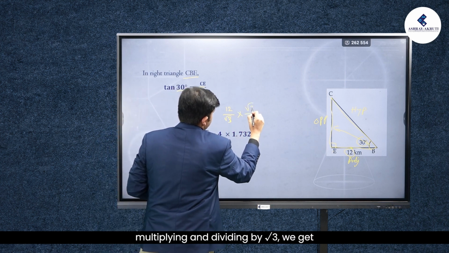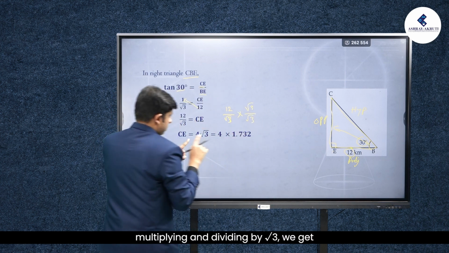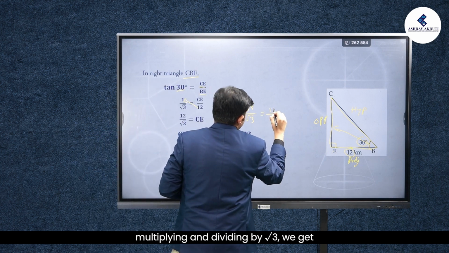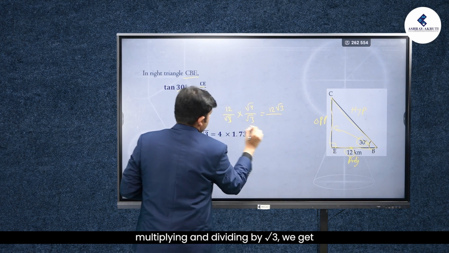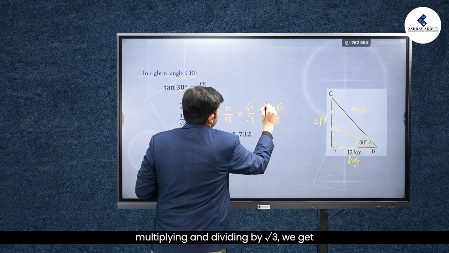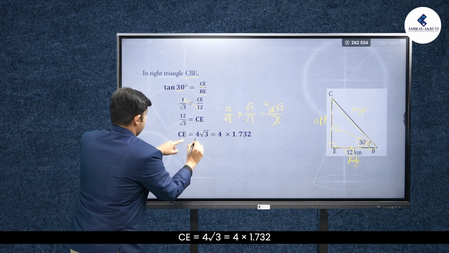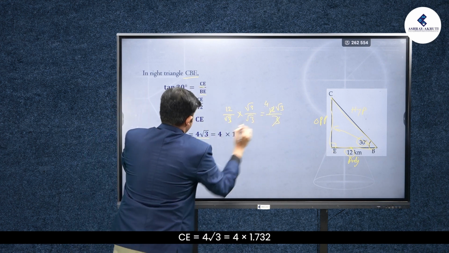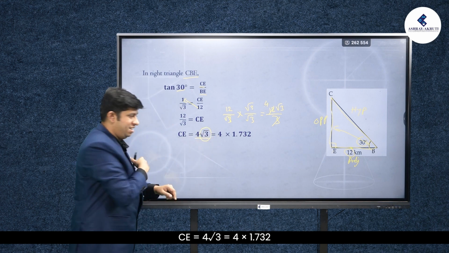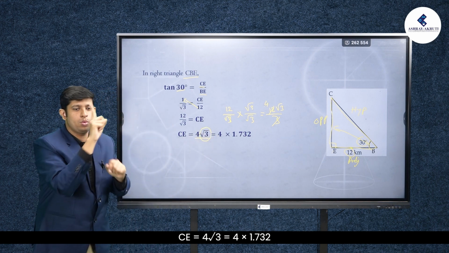Multiplying and dividing by root 3 we get CE is equal to 4 root 3, is equal to 4 into 1.732.